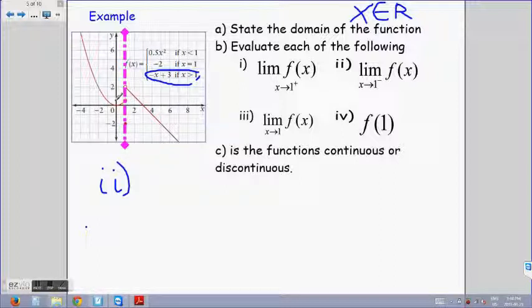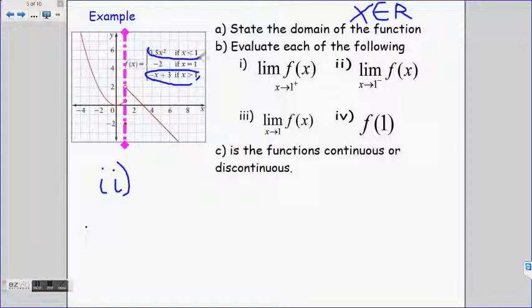Or let's evaluate the limit. From the negative side, when x is smaller than 1, it would be this part of the piecewise function right there, the parabola part. So we'll just replace x with 1 and then evaluate it, which is equal to a half.